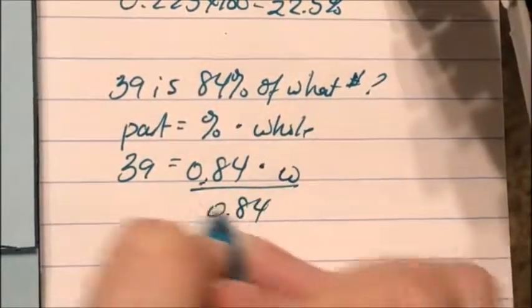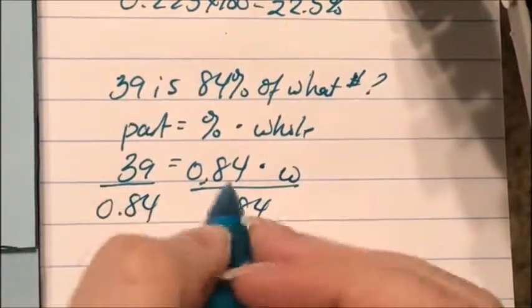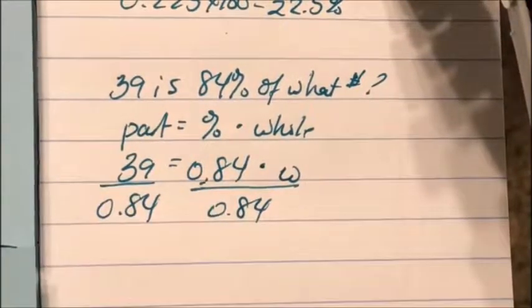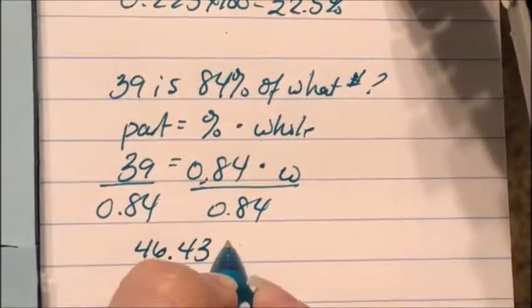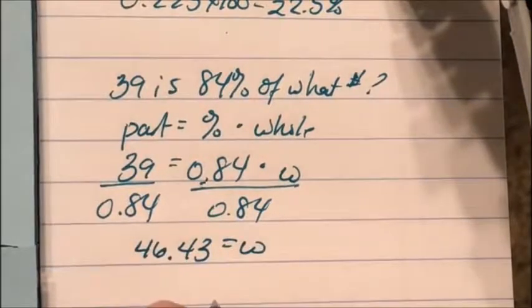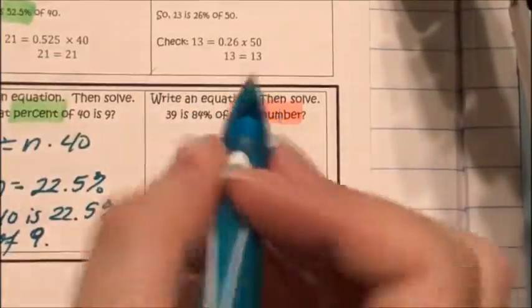Divide both sides by 0.84. 39 divided by 0.84 gives me approximately 46.43, which equals W. I just rounded to 2 decimal places because you get a really long number.